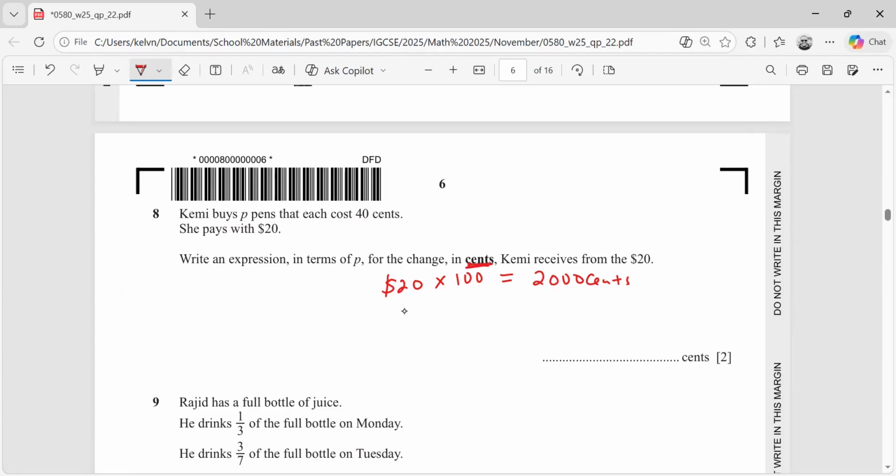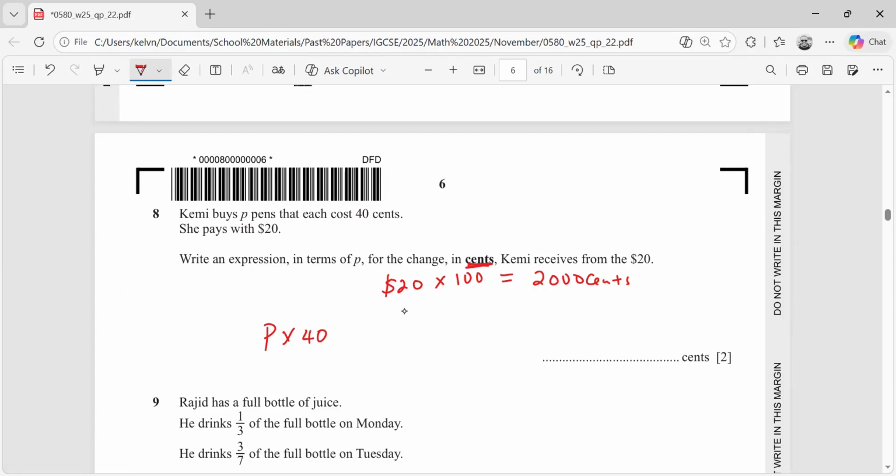Now let's break down this question. So Kemi buys P pens. That's a number of pens we don't know. Okay, but one pen is 40 cents. So if we multiply the number of pens times the 40, we can get the amount of money that Kemi pays for all the pens, right?